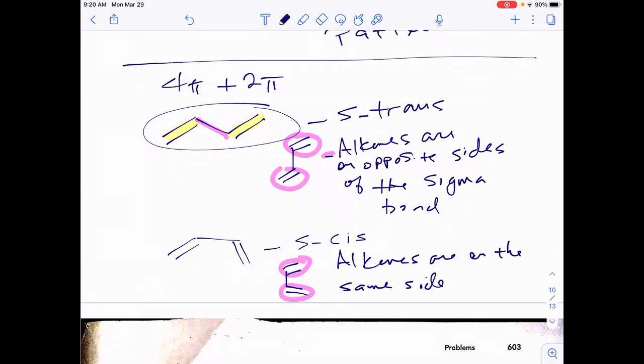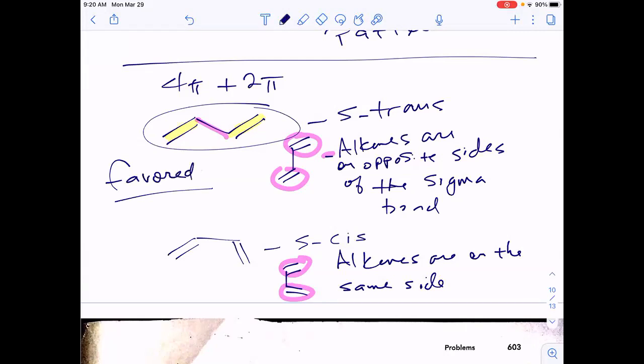The S-trans is actually favored. That's why when you do the 4+2, you have to heat it up, because you have to supply some energy so that the diene can adopt the right conformation in order to react.